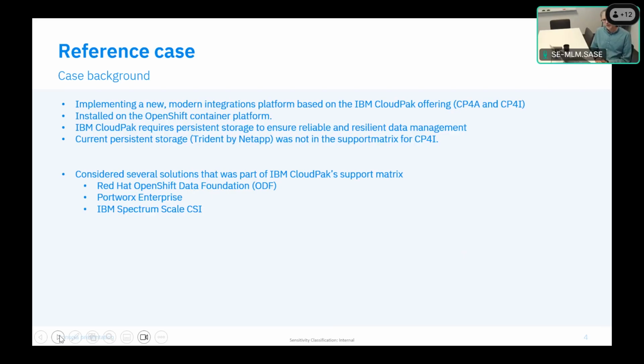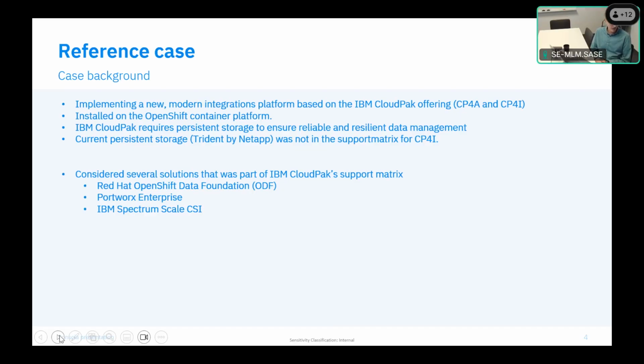they were at the moment using Trident by NetApp for their persistent storage, but that was not part of the support matrix from IBM Cloud Paks. So they had to evaluate some other options in order to have a stable and secure environment, because this was customer facing, business critical applications that were using this platform. And they nailed it down to a number of different options.